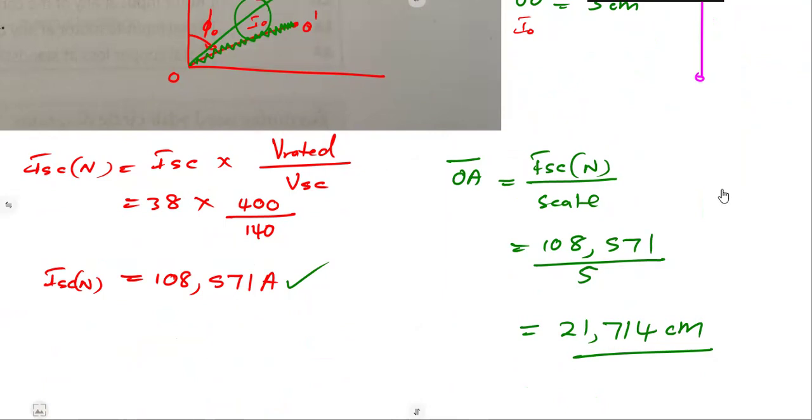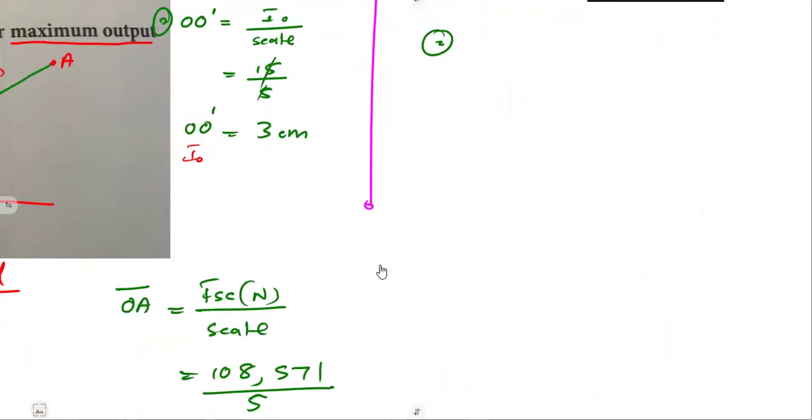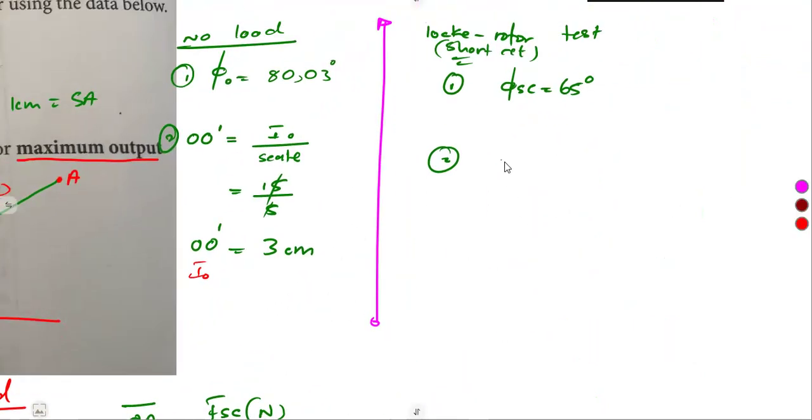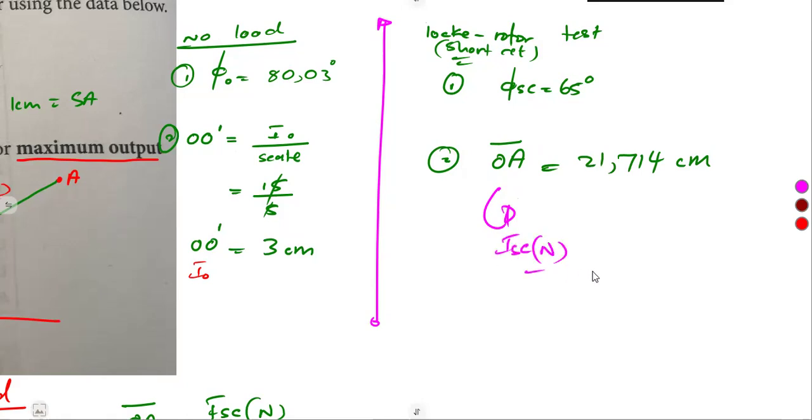So that's our vector OA. From the short circuit current, we have got vector OA, which is, like we say, 21.714 centimeters. So this is representing our short circuit current at normal value, but as a value which can be graphically presented.